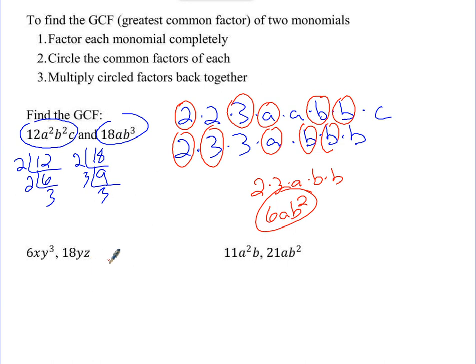What do we do first? There you go. Remember, I said at the beginning of the chapter, I'm going to want you guys to use the vocabulary as much as you possibly can. So, factor completely. 6 turns into what? 2 times 3, and then that's it.